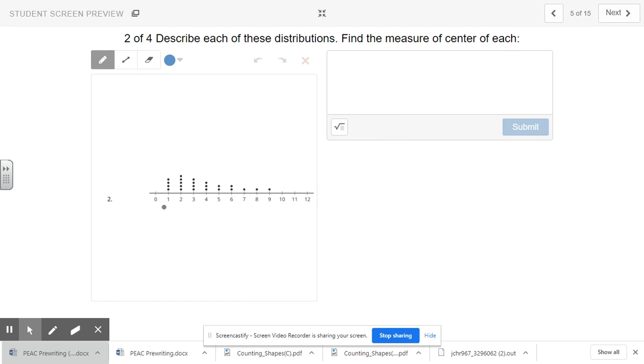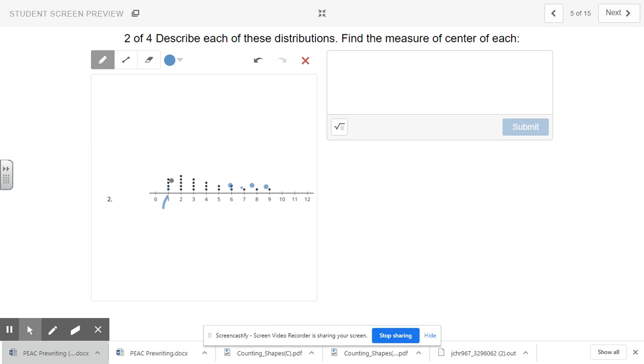So when I look here, I look for how it's going to balance. 1, 2, 3, 4, 1, 2, 3, 4. So I've got 1 more at the 6, and then I can count over and figure out where it's going to balance, right? So for the mean and the median, it's going to balance. And you don't have to add up all those numbers. You just have to realize how far over before this thing balances.